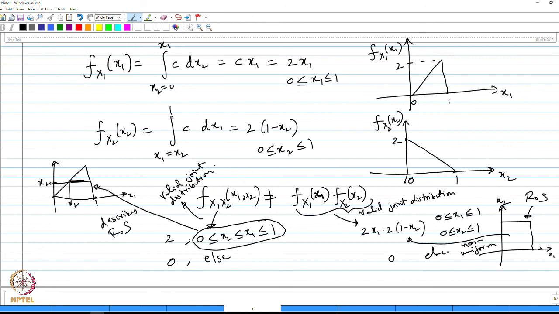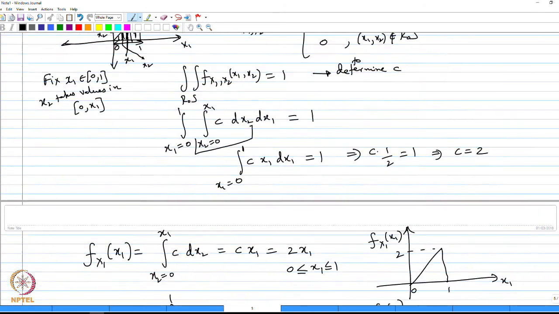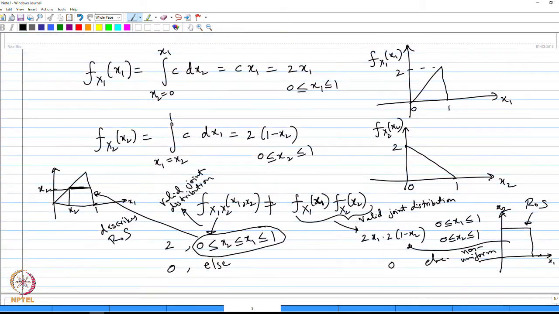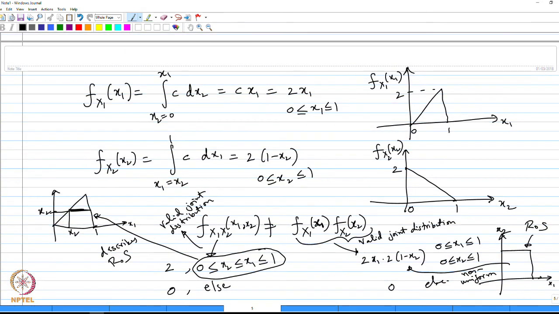You can calculate the marginal for both, same marginal, but the joint distribution is different. So this is a very nice example to look at how this can happen. And you can also check the expected value of x1, x2. So let's do that calculation next. It's an interesting calculation also. It will be different from the expected value of x1 into expected value of x2.